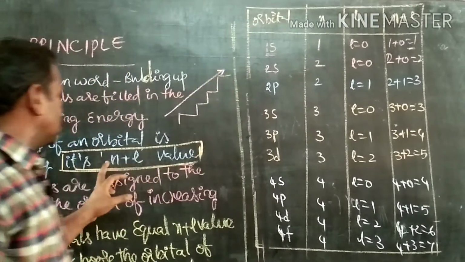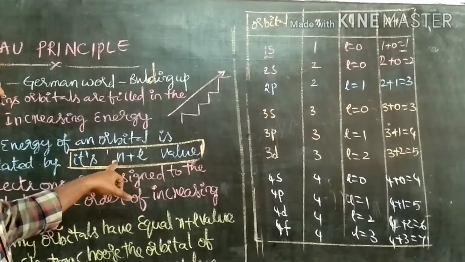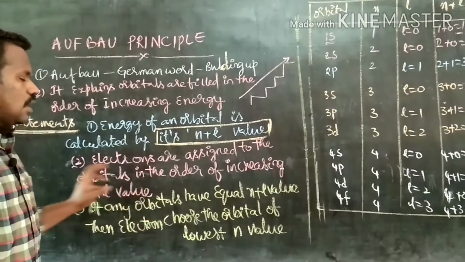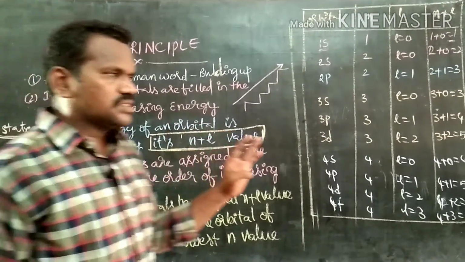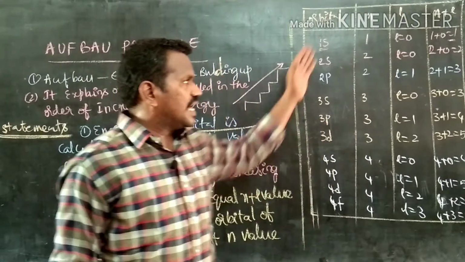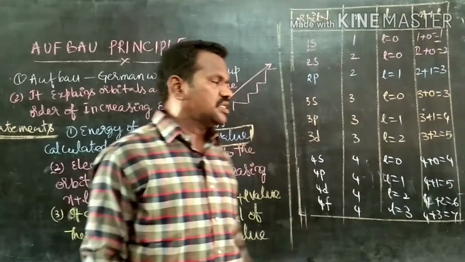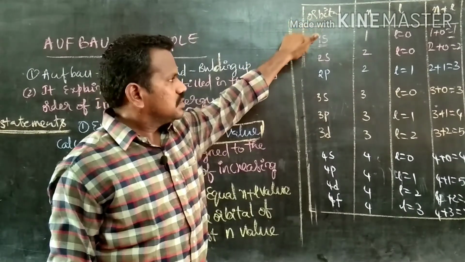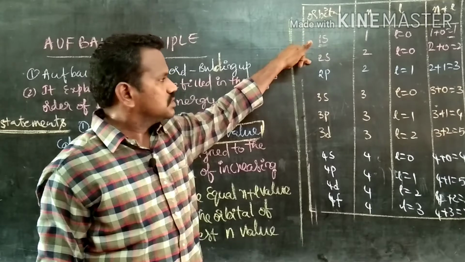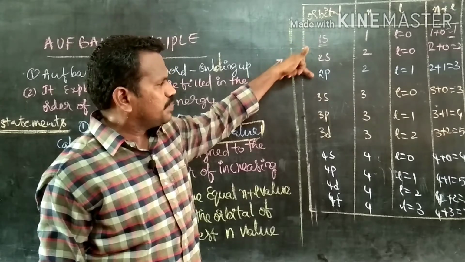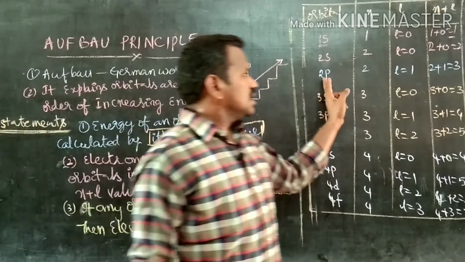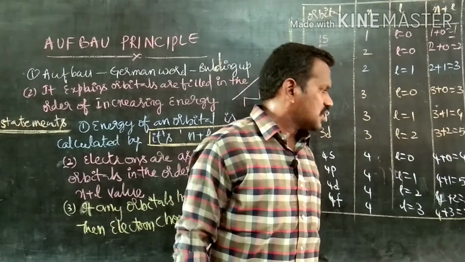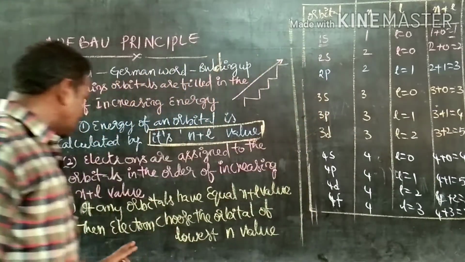As per the first rule, we calculated the energy of orbitals as n plus l value. As per the second statement, the electrons should occupy the orbitals in increasing order of their energy. First electrons enter into 1s, next into 2s. Then the problem arises between 2p and 3s, because the energy of 2p is 3 quanta and of 3s is also 3 quanta. Then we come to rule 3.